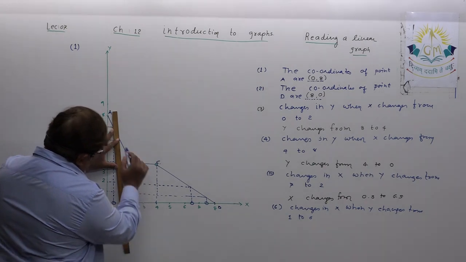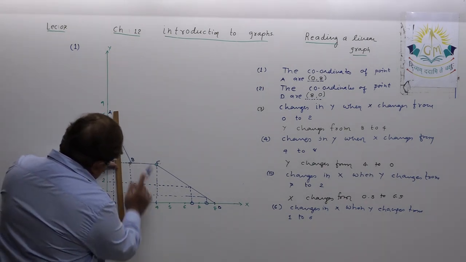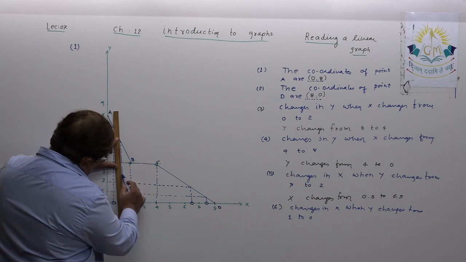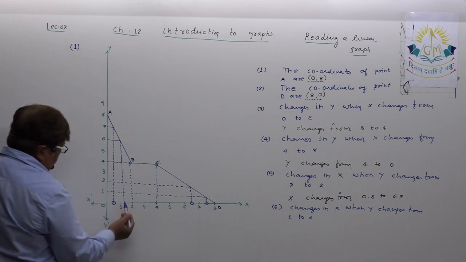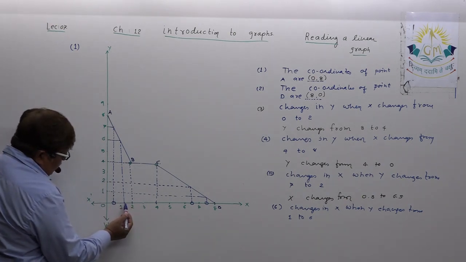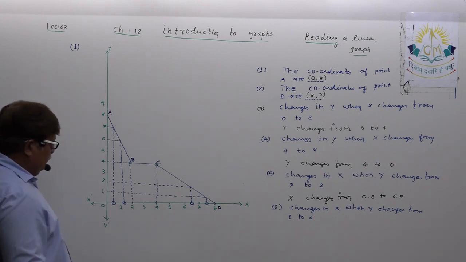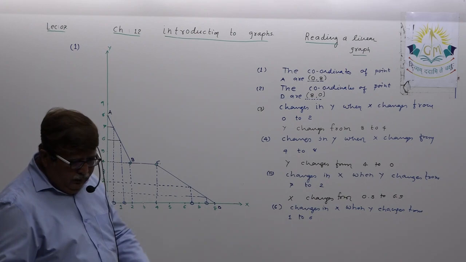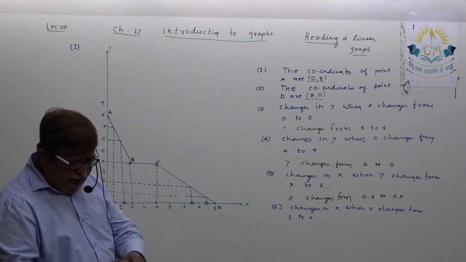Suppose I try to be more exact and draw the line. Okay, so it is looking like somewhat 1.4. So actually, what can be your answer?